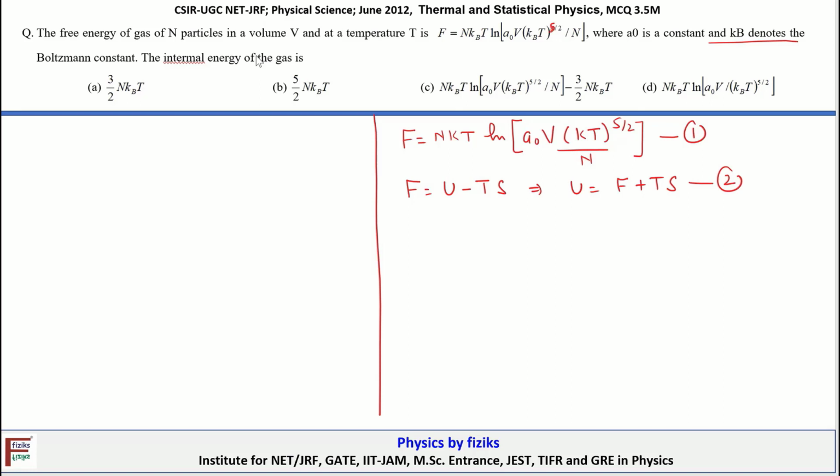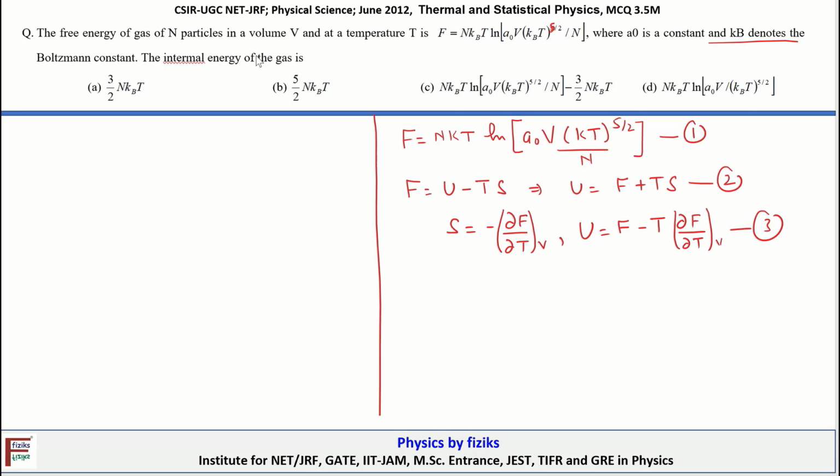But also in thermodynamics we learned that the entropy can be calculated from the Helmholtz energy, and the expression is S equal to minus dF upon dT at constant volume. This result we can derive from the thermodynamic potential that corresponds to Helmholtz free energy. With this, equation 2 reduces to U is equal to F minus T dF upon dT at constant volume. Let me call this equation 3.